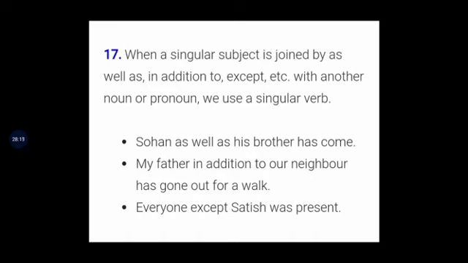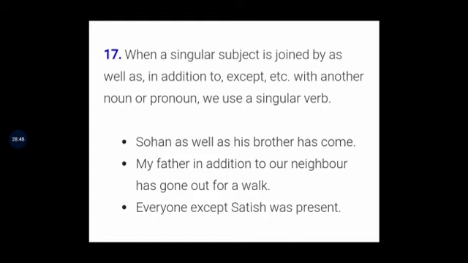Sohan is the singular subject and it is joined by as well as his brother. It sounds plural, but at that time we need to take the singular form of the verb, has come. Sohan as well as his brother has come.